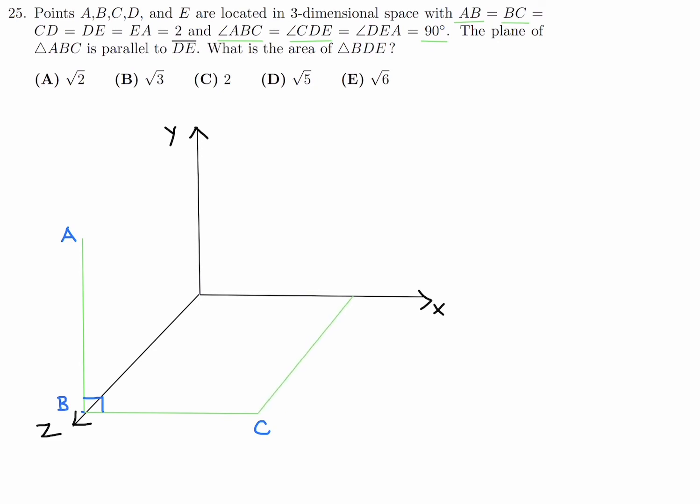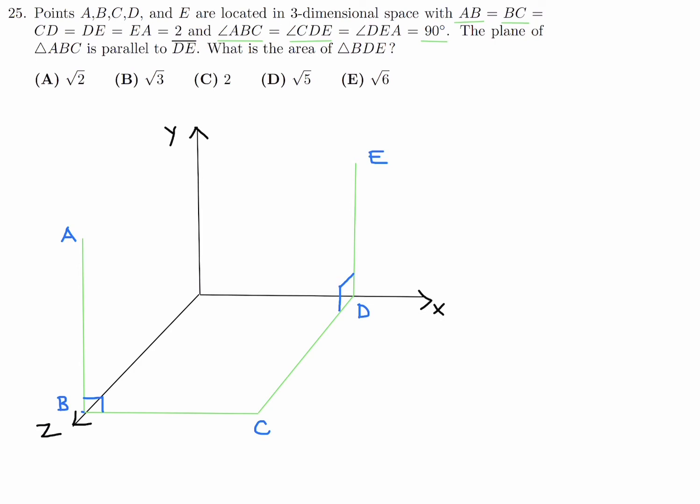All right, D perhaps is here, and then E perhaps is here. If that is the case, this is D, and this is E, and they tell me that CDE is 90 degrees. So that means this angle here is a right angle. Okay, so far I think I'm okay.